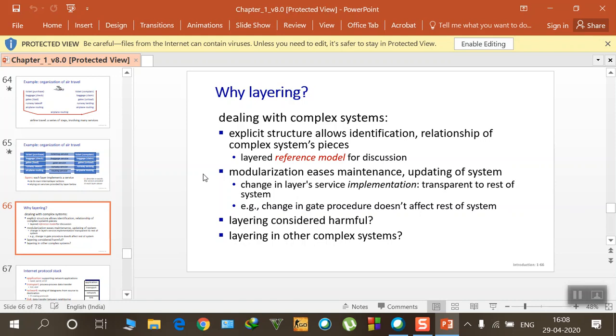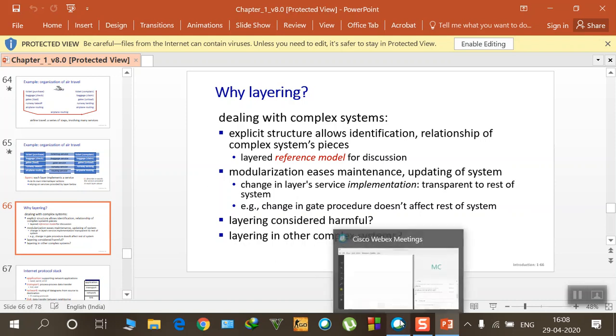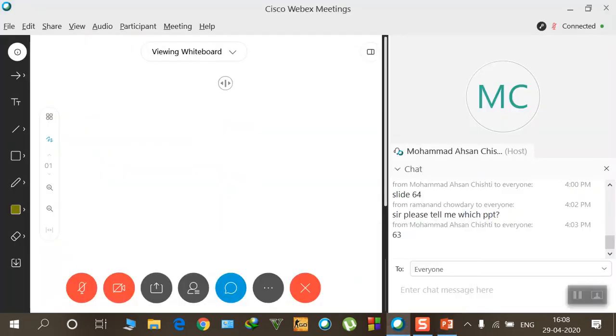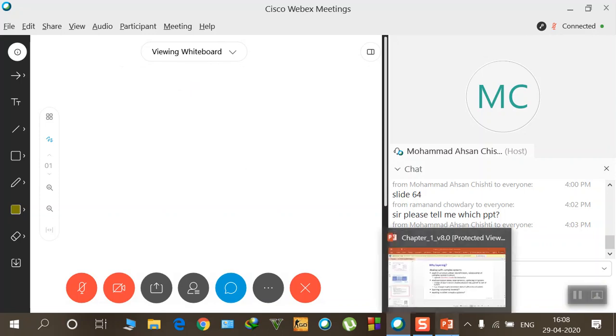For example, a change in the gate doesn't affect the rest of the system. The rest of the system remains as it is. And thus, by dividing all these functions into different layers, we form a layered architecture, which is known as a reference model.